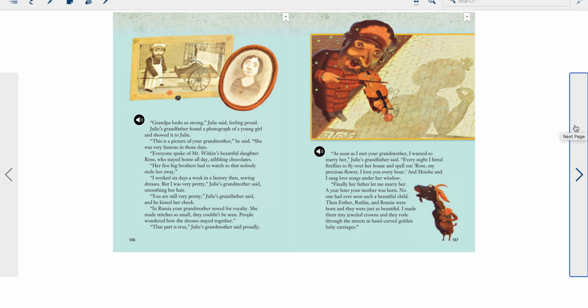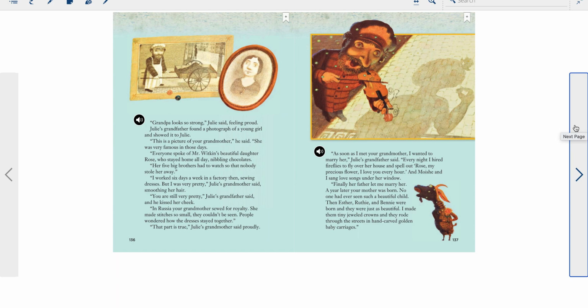Julie's grandfather found a photograph of a young girl and showed it to Julie. "This is a picture of your grandmother," he said. "She was very famous in those days. Everyone spoke of Mr. Whitcon's beautiful daughter Rose, who stayed home all day nibbling chocolates. Her 5 big brothers had to watch so that nobody stole her away.